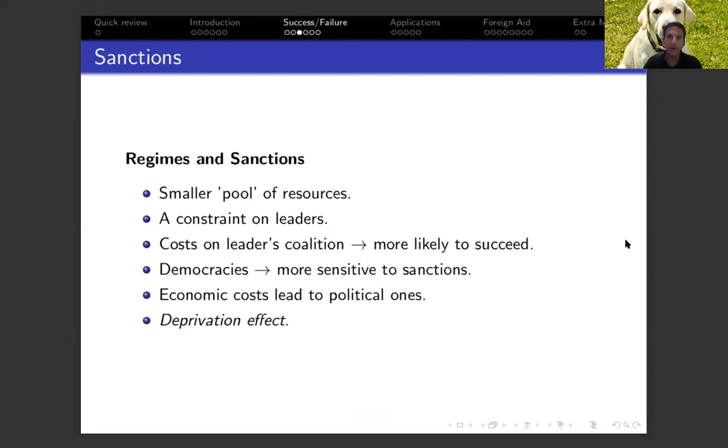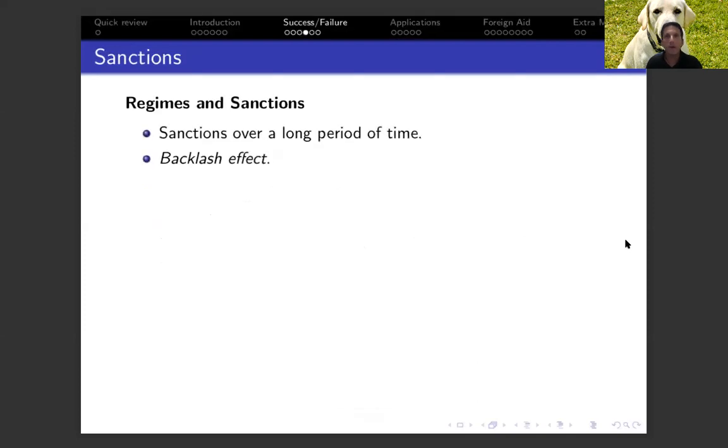Now, at the same time, sanctions that are placed and held for a very long time may actually lead to the opposite effect, which is what's called the backlash effect. The public may first suffer the consequences of sanctions and oppose the way that the government behaves, but after some time has passed, it may lead to the opposite, and the public will begin to support the leadership.